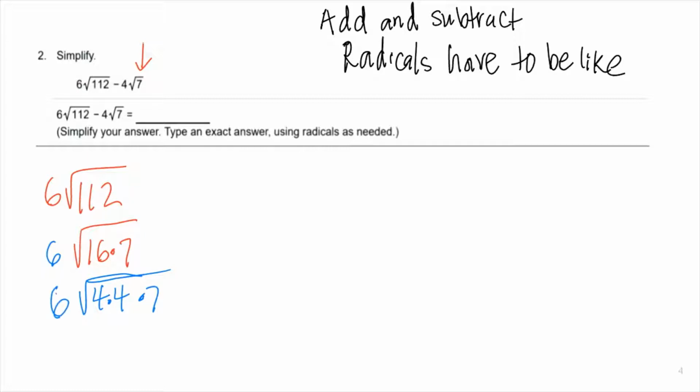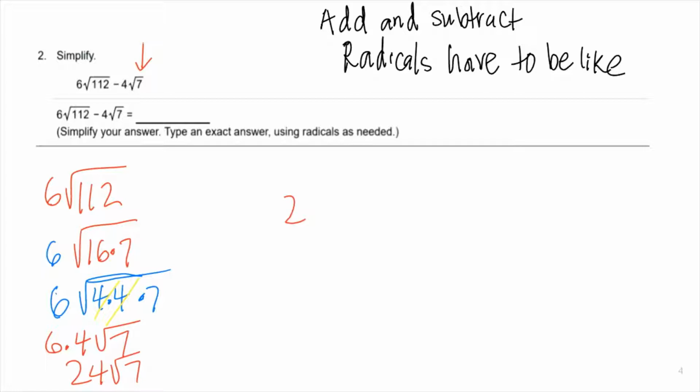And then it's a square root, so I'm looking for two repeated numbers. So I take out a 4. 6 times 4, radical 7. 6 times 4, now the 4 is outside. You multiply it by the 6, you get 24, radical 7.